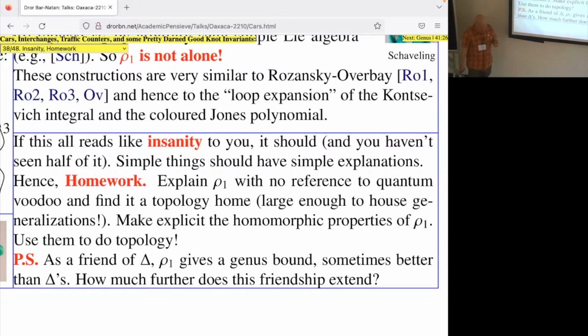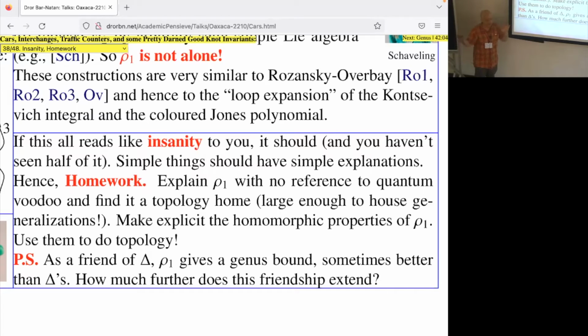And just to indicate that you can use them to do topology, let me say that row 1 is kind of a friend of the Alexander polynomial. You take the same matrix and do something slightly different to it, okay? So the Alexander polynomial gives a genus bound. So if you know that the Alexander polynomial is of degree n, the genus is going to be at most n. In a similar way, row 1 gives a genus bound, and it is sometimes better than the genus bound that you get from the Alexander polynomial.